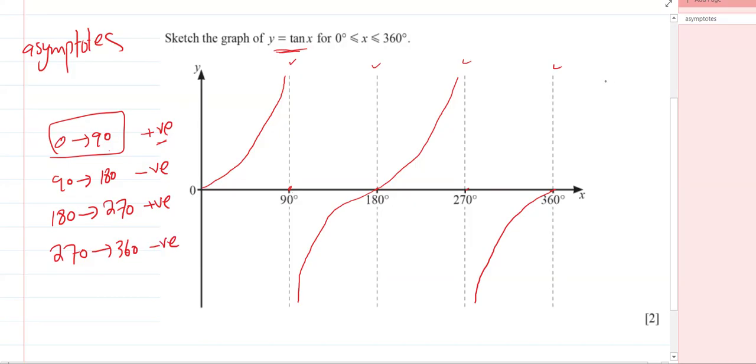And if you talk about these values at 90 and at 270, not valid. Meaning there will be asymptotes. This one and this one will be asymptotes. Okay. And secondly, at 180 and 360, the value is 0.